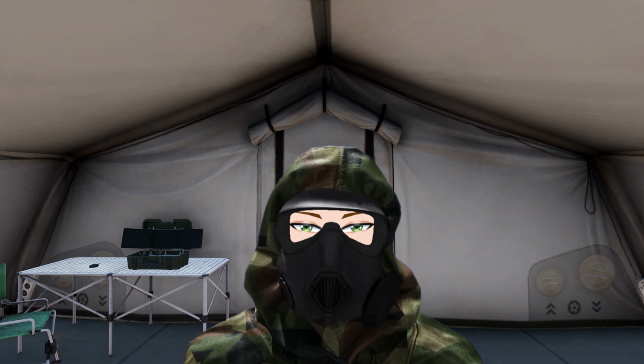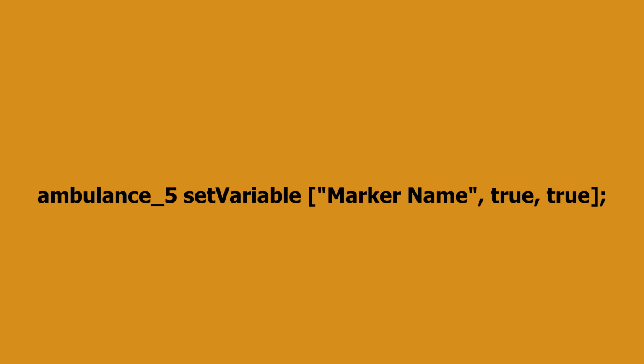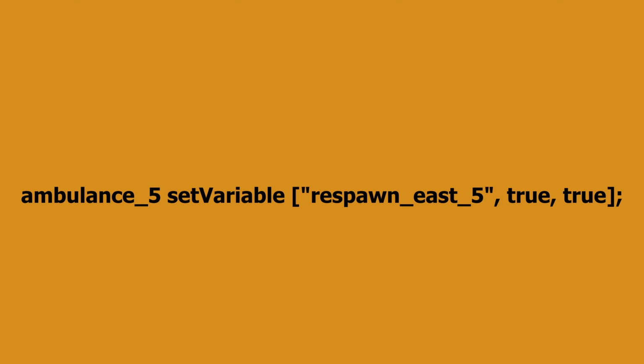To add the variable to an object, use the following command: object setVariable [marker name, true, true]. Here, replace object with the name of the object variable. In my case, I'll use ambulance_5. Then, for marker name, I'll use respawn_east_5. The first true sets the value of this variable to true, the second true makes it public.